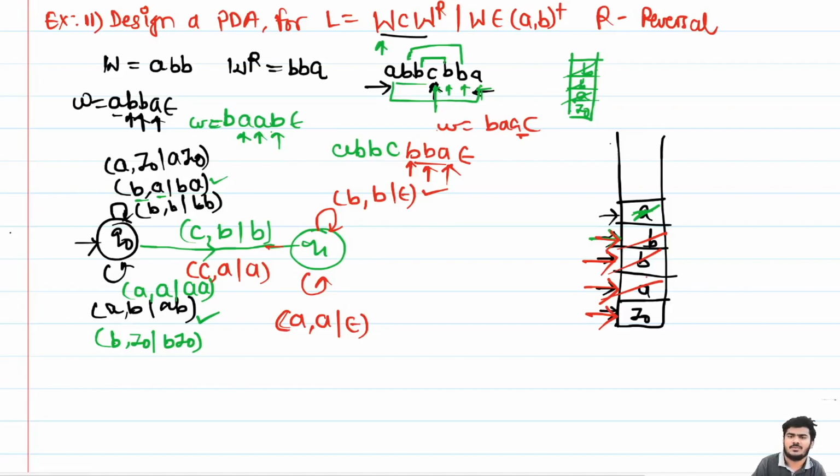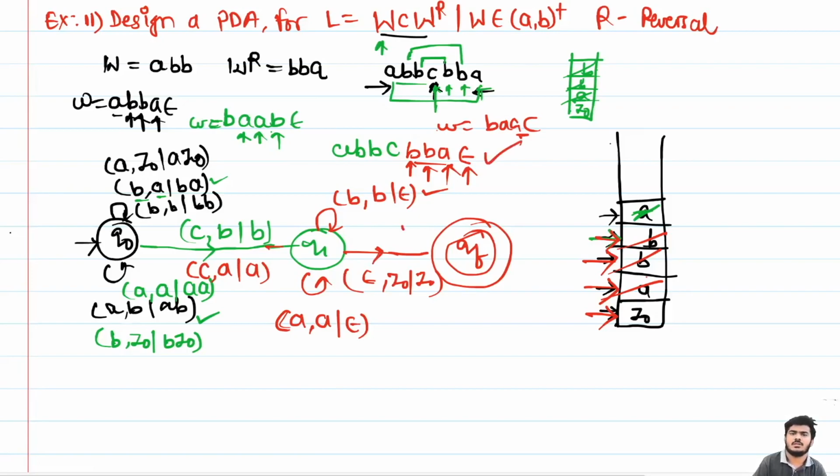And whenever I am left with Z0 and the input is epsilon, then I will leave that Z0 as it is and I will move to the final state, that is QF. After reaching that state, we can say that this string is accepted by this particular PDA. Okay, so this is the PDA for this particular language.